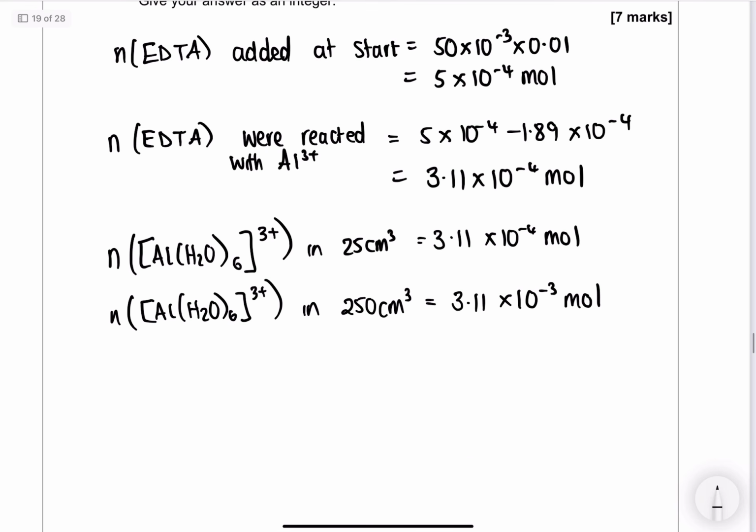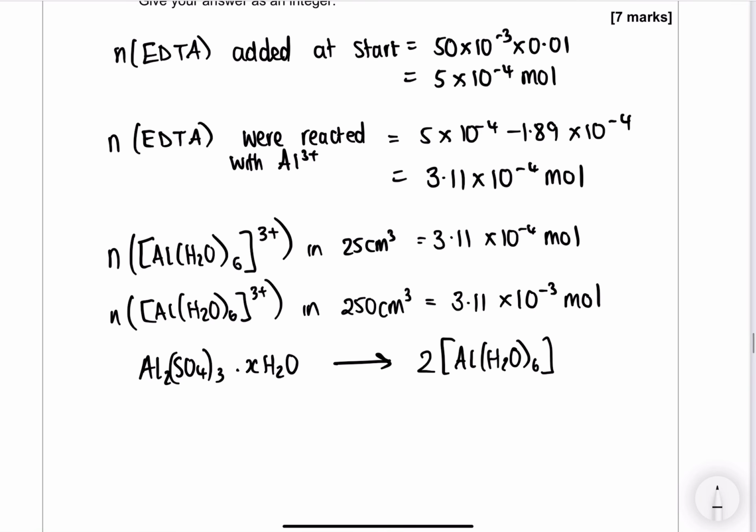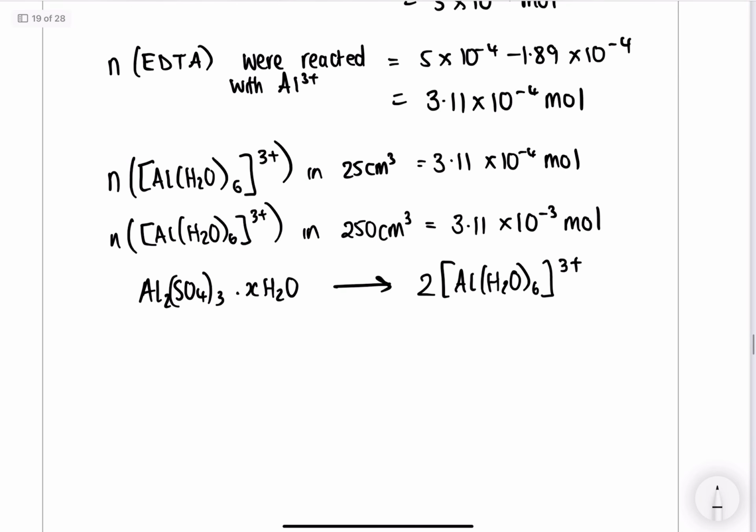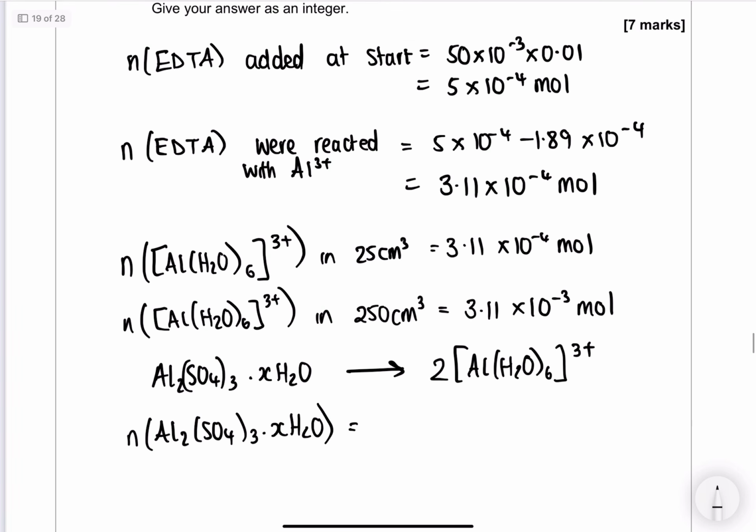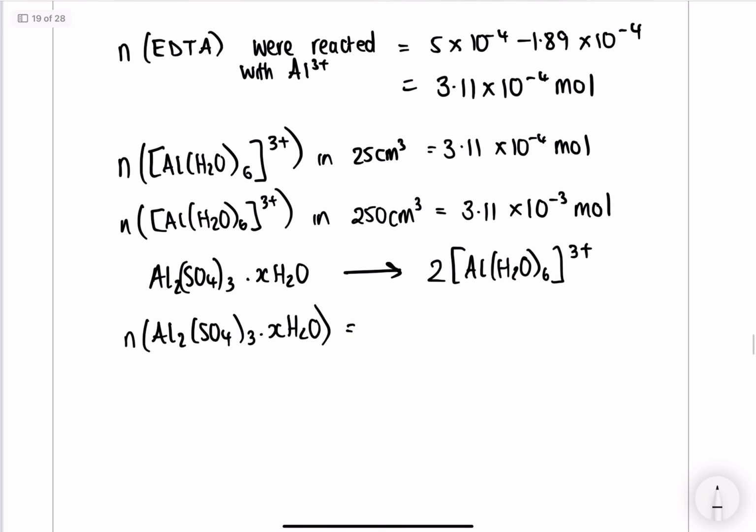Now we need to remember that when our Al2(SO4)3.XH2O dissolved into the water, we got 2 of these hexaaqua aluminium 3+ ions. So to find the number of moles of Al2(SO4)3.XH2O, we need to take our answer and divide it by 2.